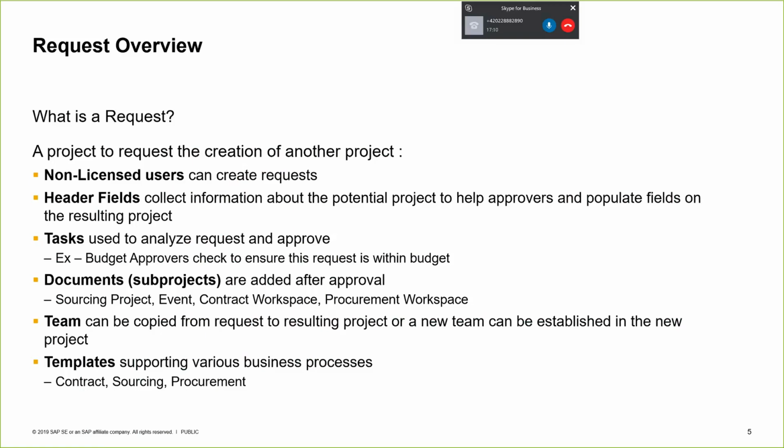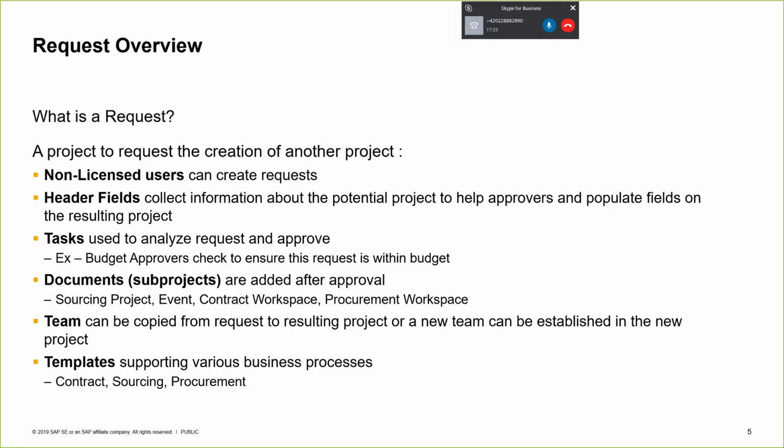Of course, very good is that the header fields collect information about the potential project and help approvers to approve and populate fields on the resulting project. So the preparer, the requester, fills in the header fields, and they are copied into the project workspace itself after the approval by the approver.